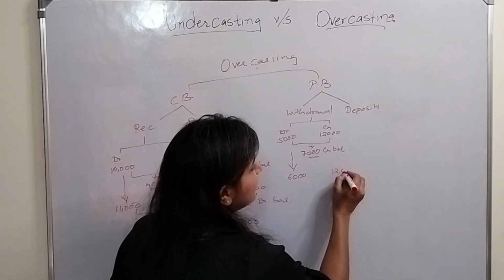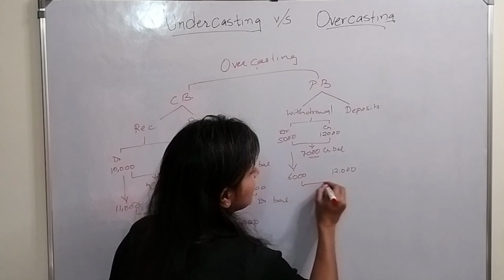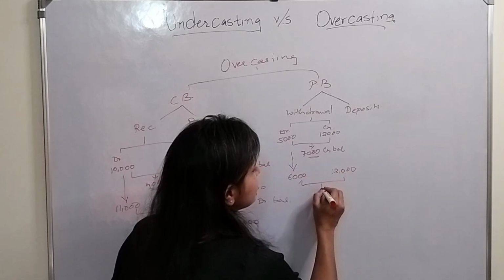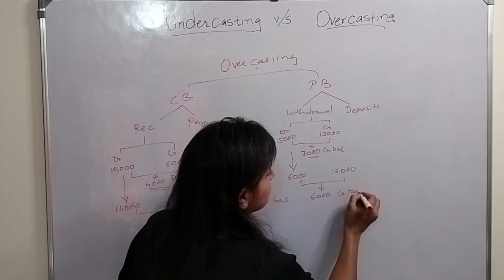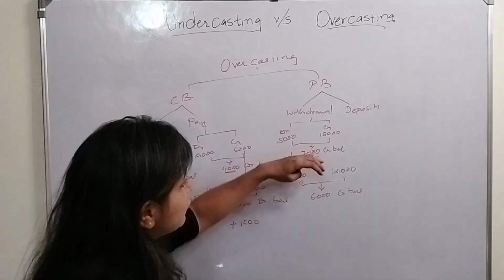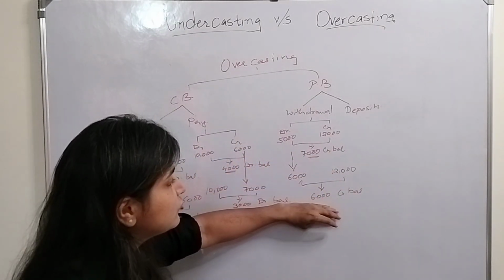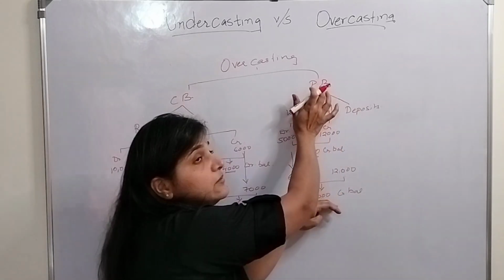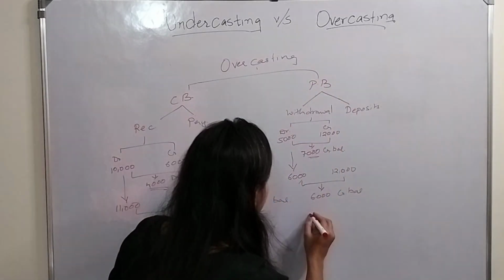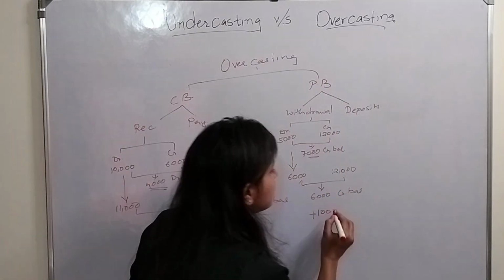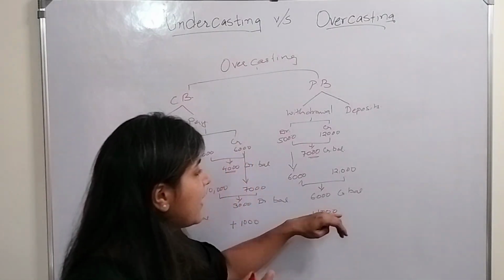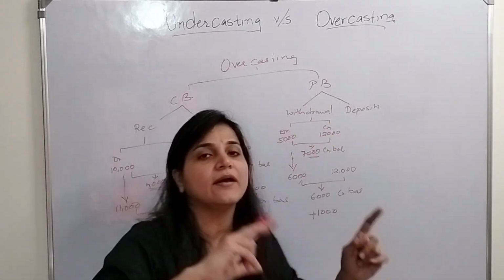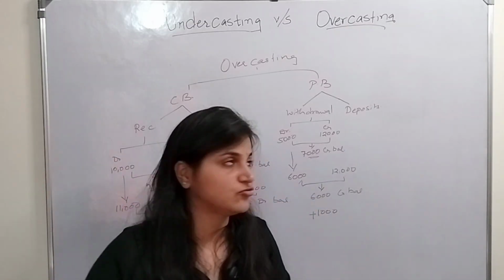The deposits are 12,000 only. So now my credit balance is showing 6,000, but it should actually show 7,000. So in my passbook balance I have to add 1,000 to reconcile it with the cash book.